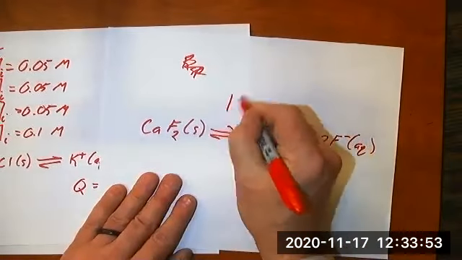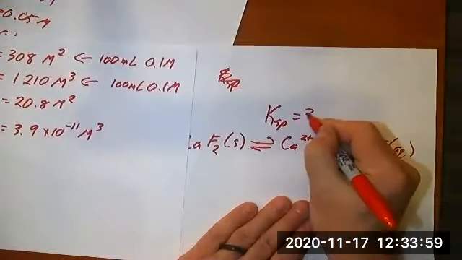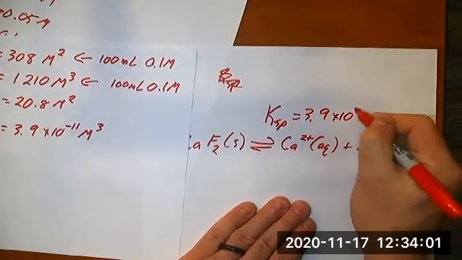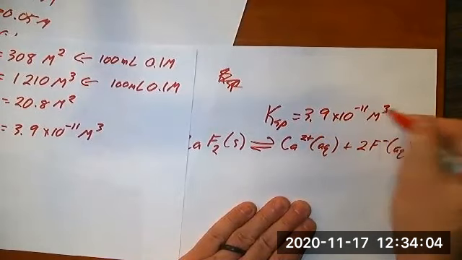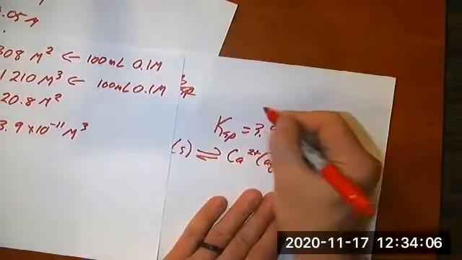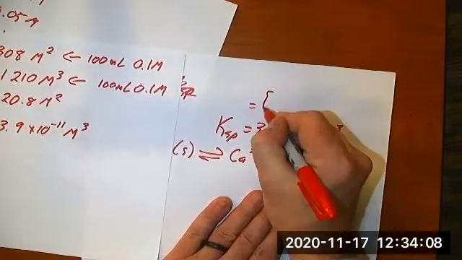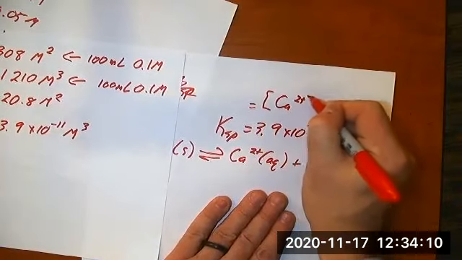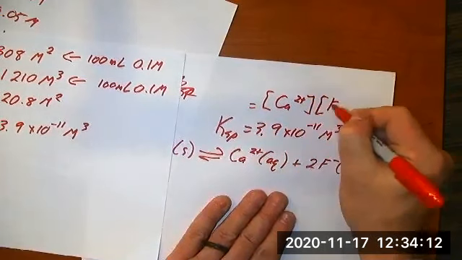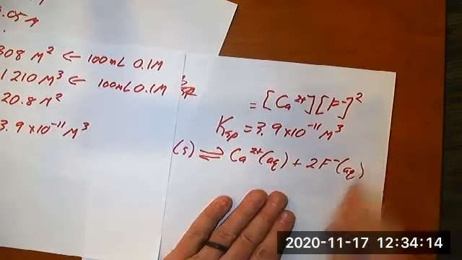We have our KSP is, let's get the number, 3.9 times 10 to the negative 11th molar cubed. And our expression for this is Ca2+ concentration times the F- concentration squared.